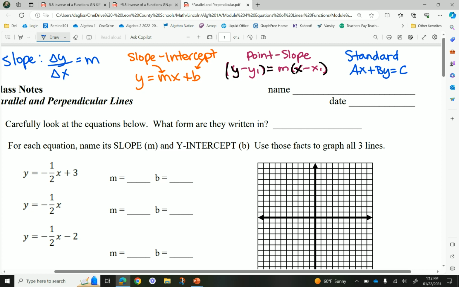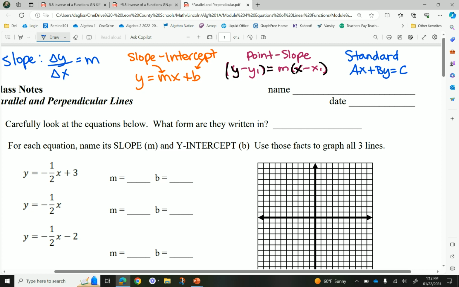So going through all of those, for our first example up here, what equation form are all three lines written in? y equals negative 1/2 x plus 3. y equals negative 1/2 x. y equals negative 1/2 x minus 2. But which form? Slope-intercept, point-slope, or standard? Slope-intercept, right?